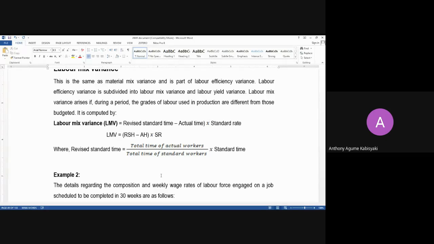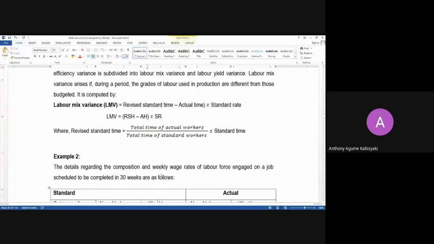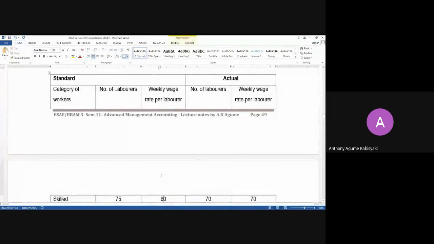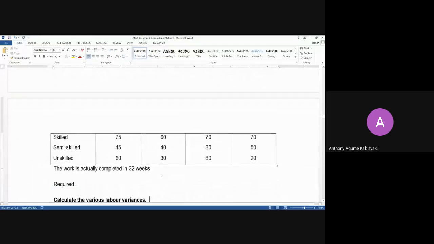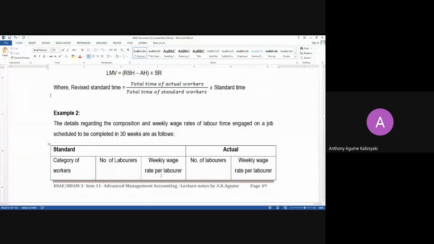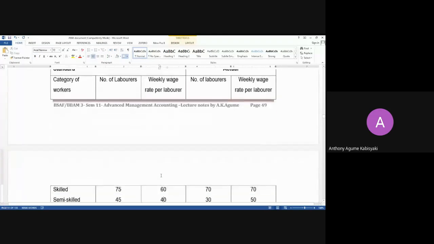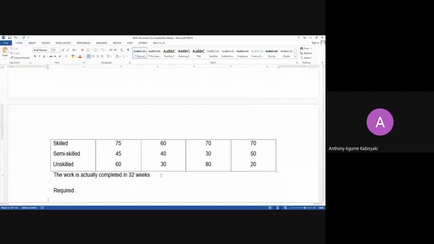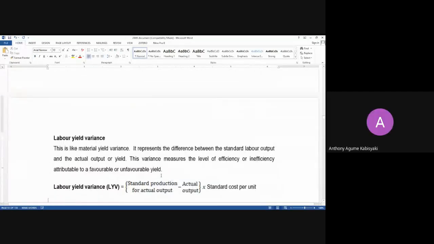Okay? So that is how we're going to determine the labor mix variance. Now, we have an example here for 3 categories, but I will require you to do example 2. I want to do example 3, which enables us to compute even labor yield.